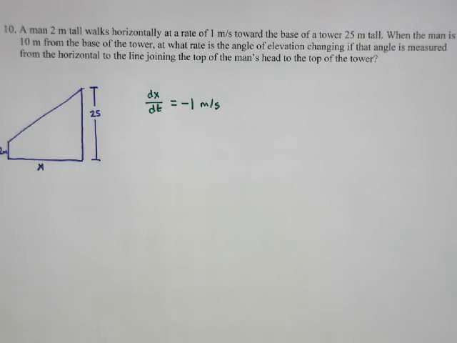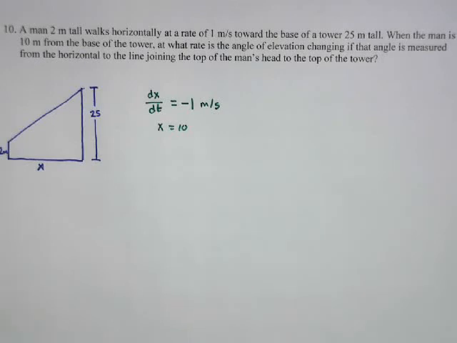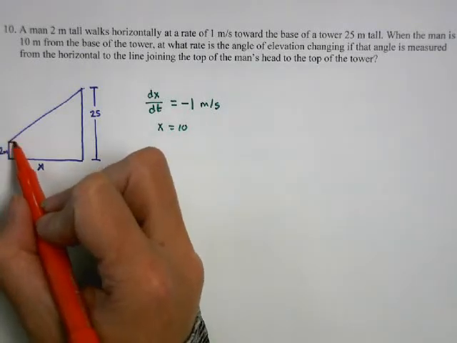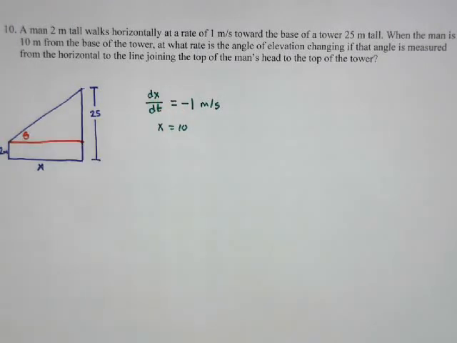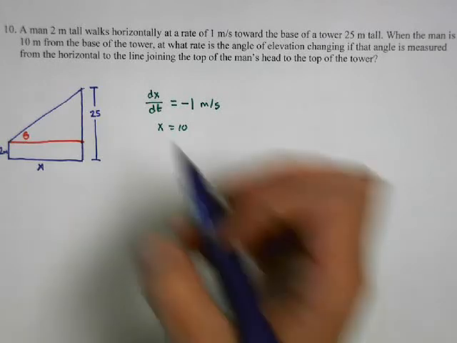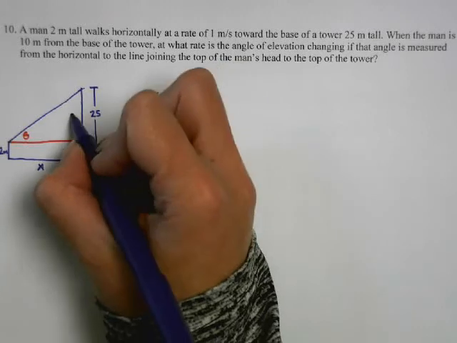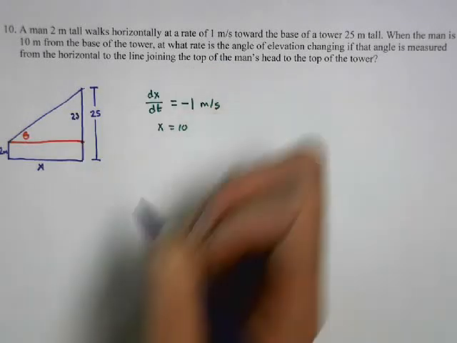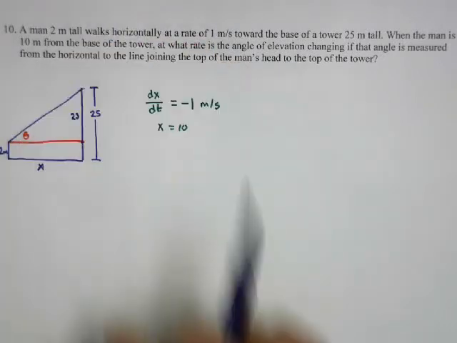We're looking for when the angle changes. So the angle that we're referring to is this angle here in the picture. So since this is 2 and this whole thing is 25, this side is going to be 23. This side is still going to be x. This distance isn't going to ever change. So let's write an equation.